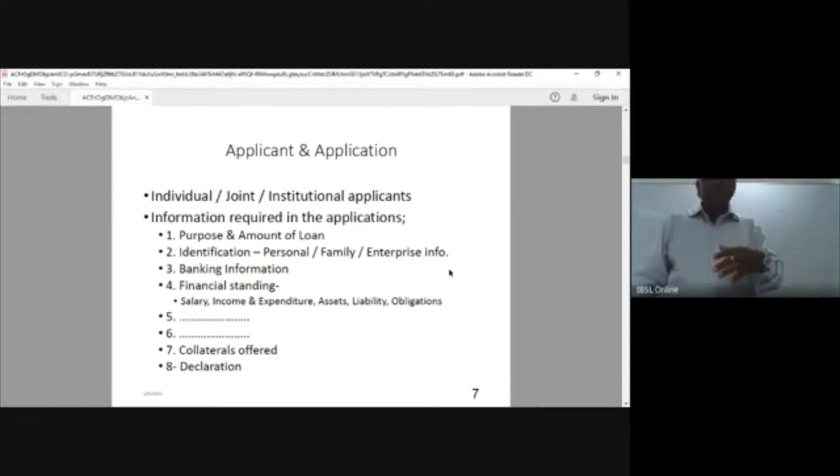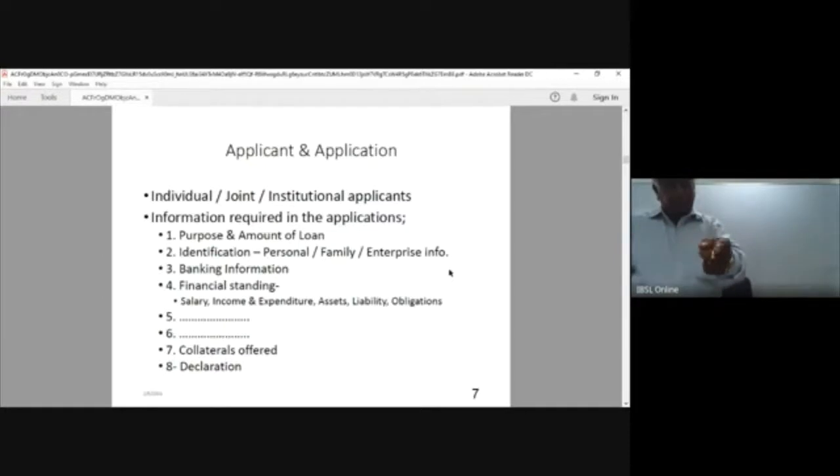Then banking information: which bank they are maintaining an account with, what type of accounts and all those things. Then financial standing. If it is an individual or joint application, salary, and in other cases, income and expenditure, assets, liabilities, obligations, all these things are required to fill.